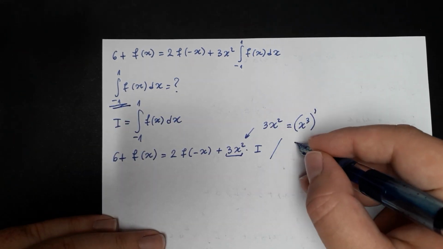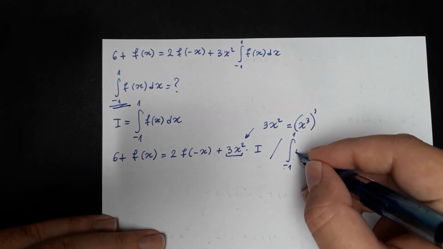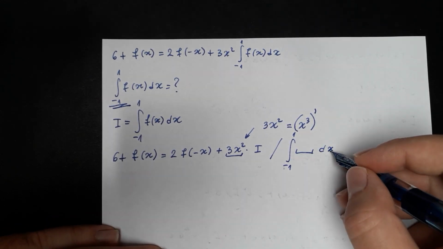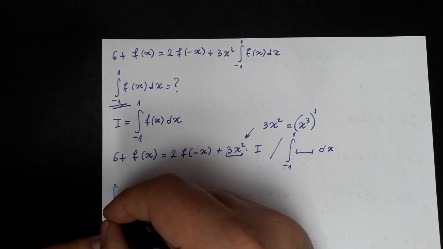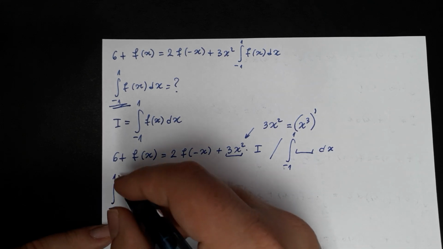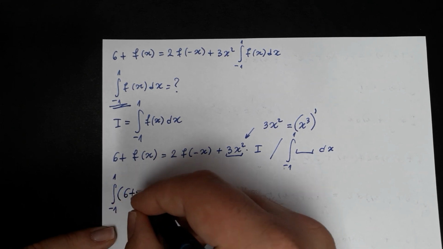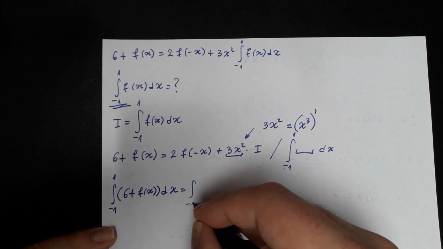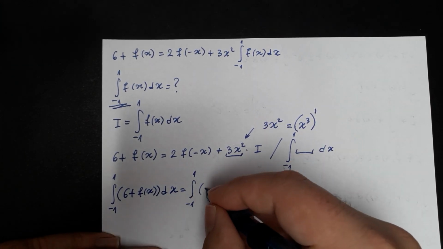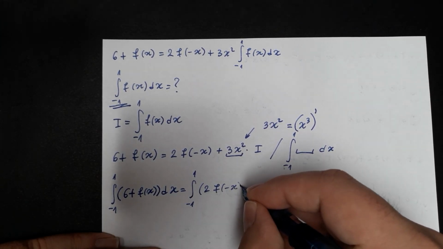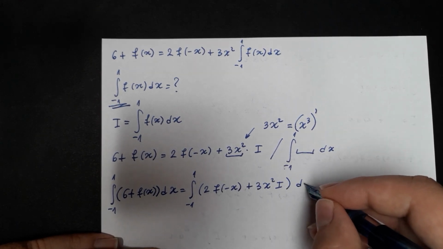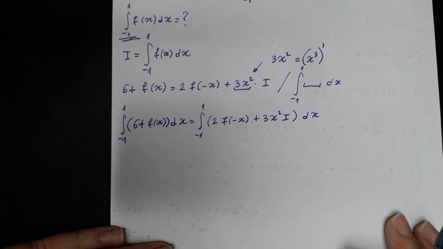So let's integrate the entire equation with an integral from -1 to 1 dx. And thus we get the following. The integral from -1 to 1 of 6 plus f(x) dx is equal to the integral from -1 to 1 of 2f(-x) plus 3x squared times I dx.